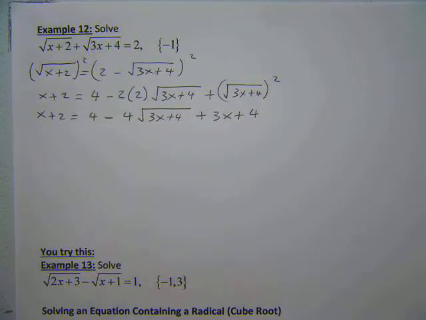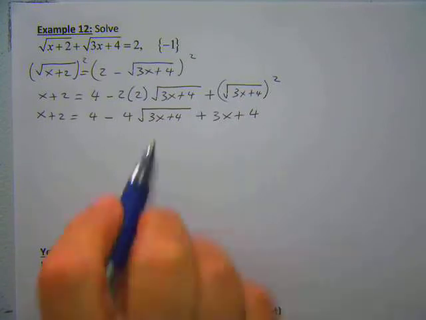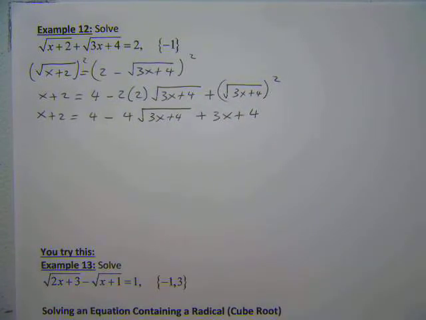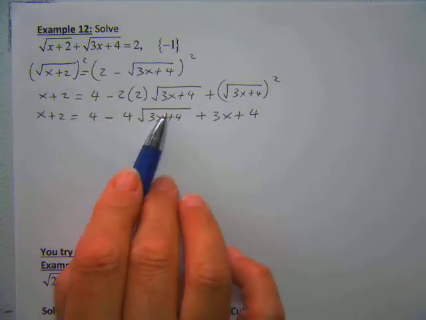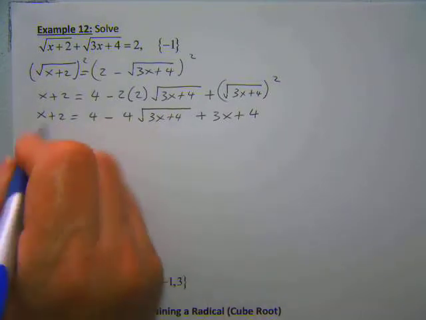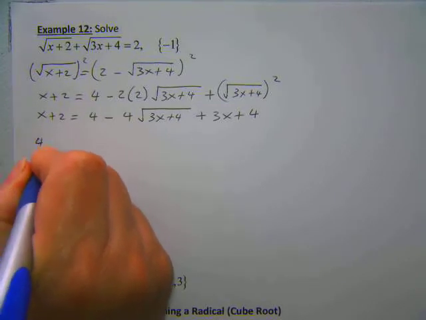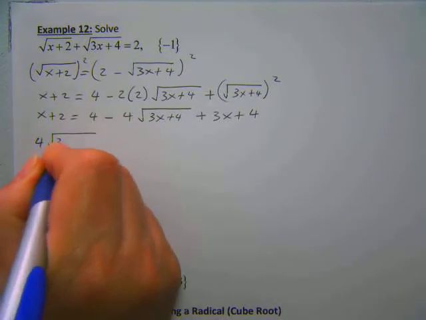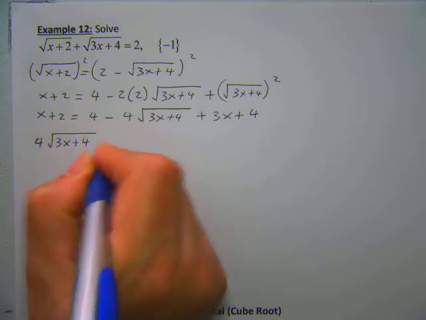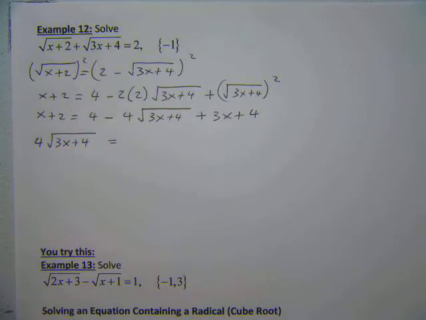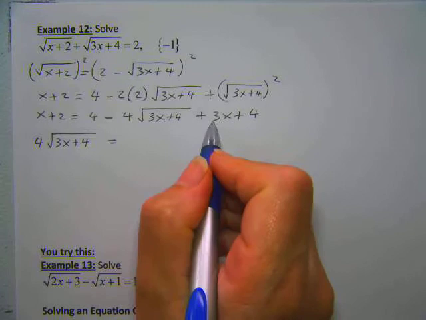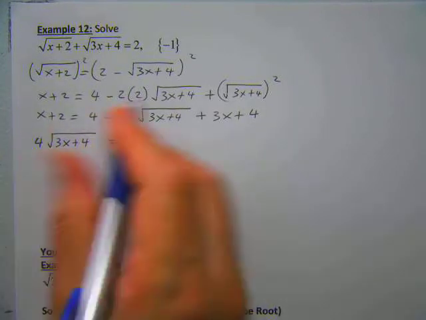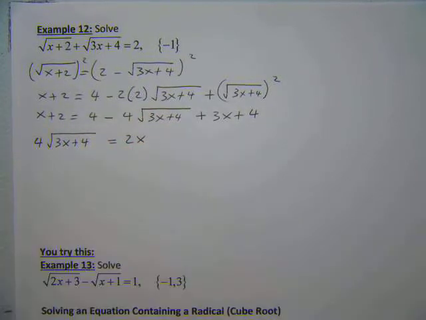Now we need to isolate the radical again. You see that we went back, so the 2 radicals are always going to get you back to the 1 radical. Since this is a negative, I personally like to put it on the left hand side to make it positive. So bring the term that has a radical on the left hand side. Now what do we have? We have 3x here minus x, that makes it 2x.